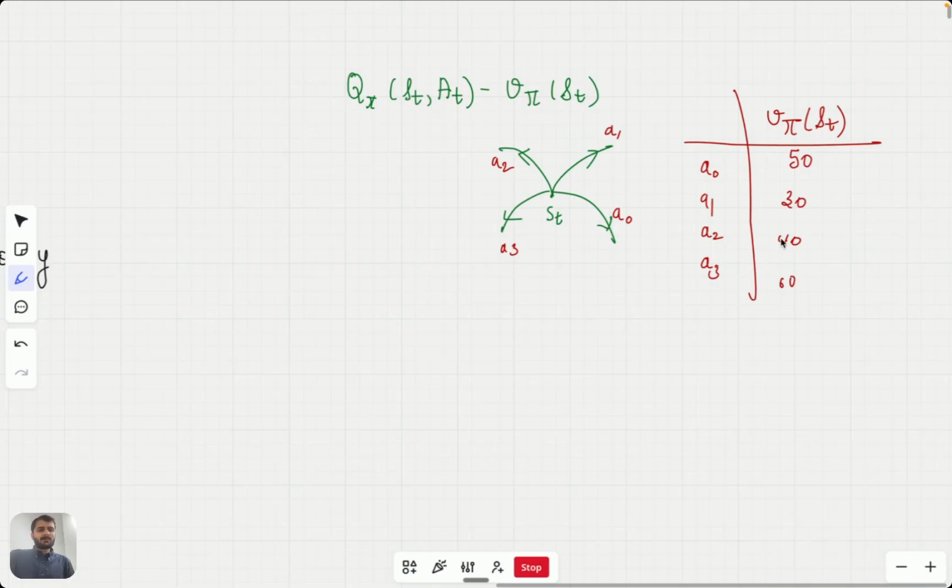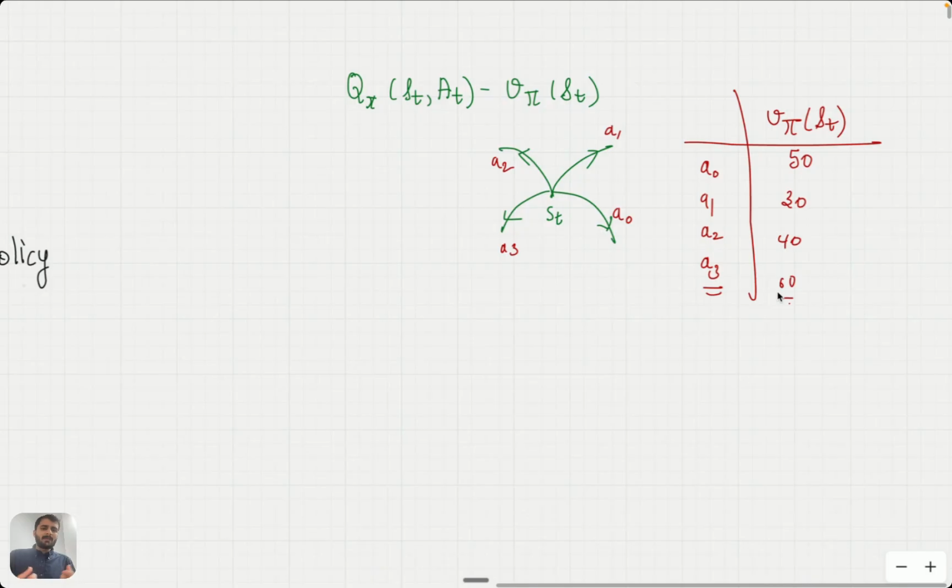So the observation that we make is that for action A3, the expected rewards are higher compared to the rewards which the agent is expected to receive for the policy's default behavior. And thus we know that there is scope for improvement, which means that the current policy is not optimal, but there exists an action which is better than the current action which the agent is choosing for that particular state.